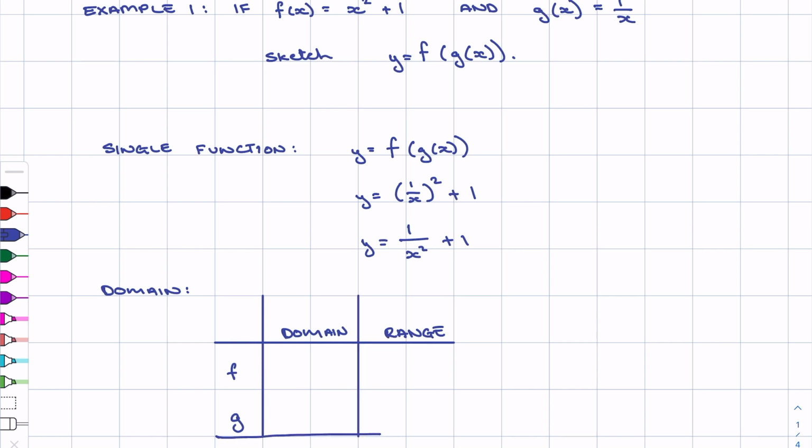It's always important when dealing with composite functions to construct these types of tables because you want to make sure that you're really adhering to that rule that the range of g is a subset of the domain of f.